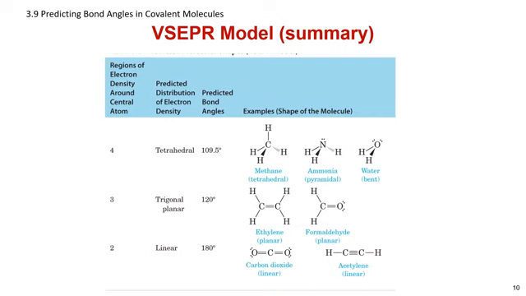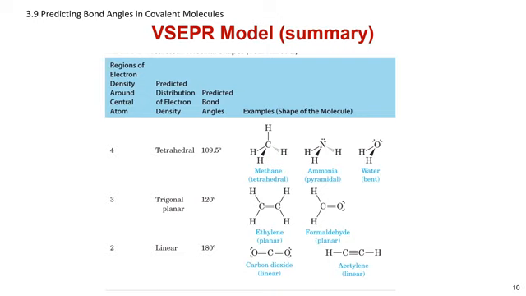Ethylene is planar, close to 120. Acetylene and carbon dioxide are 180, linear molecules. The angle here is 180, this is 120, this is tetrahedral. Ammonia is close to 107, water is 104, because the lone pairs change the angle.